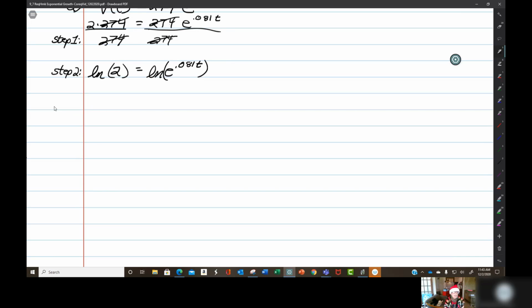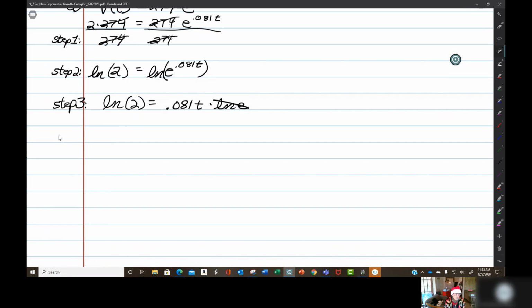And step 3, ln 2 equals 0.081 t times the ln of e, which is 1. Yes!